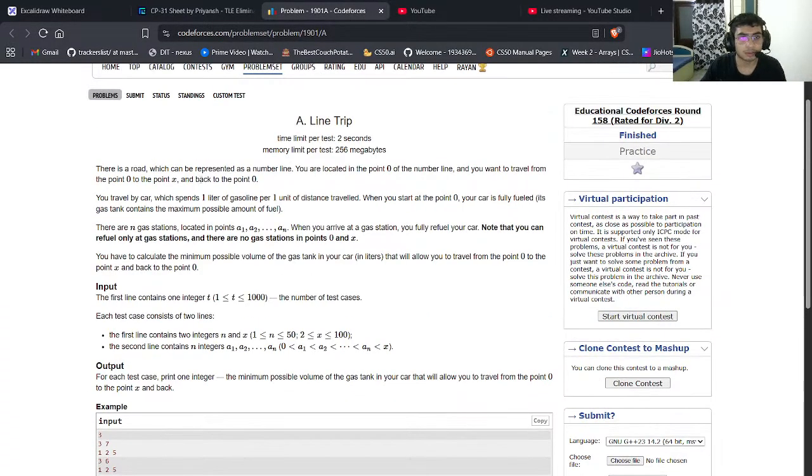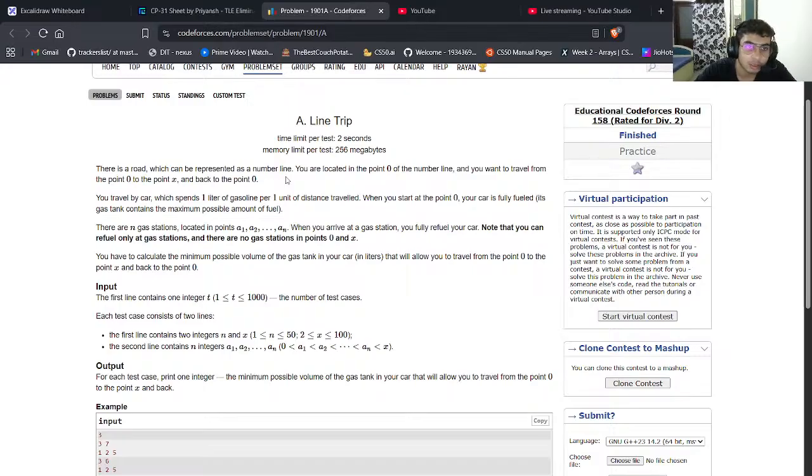Okay, Line Trip. There is a road which can be represented as a number line. You are located at the point zero of the number line, and you want to travel from point zero to point X and back to point zero. So basically you just have to go and come back.